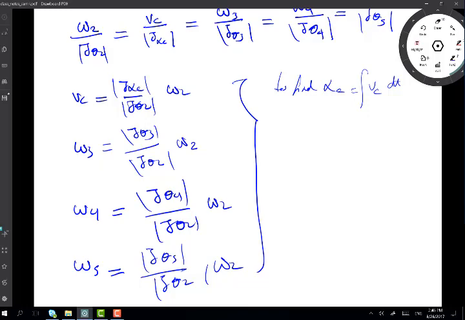Then you start integrating step by step, incrementing the crank angle. You start from the given crank angle, then increment it a little bit, let's say a degree or half a degree, and then you calculate the corresponding motion in other links, and keep incrementing and so on.